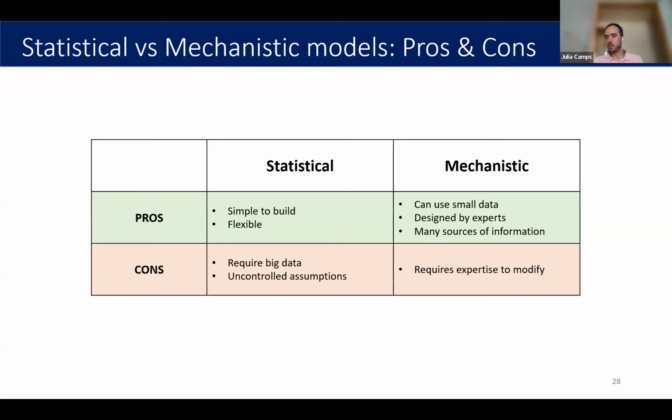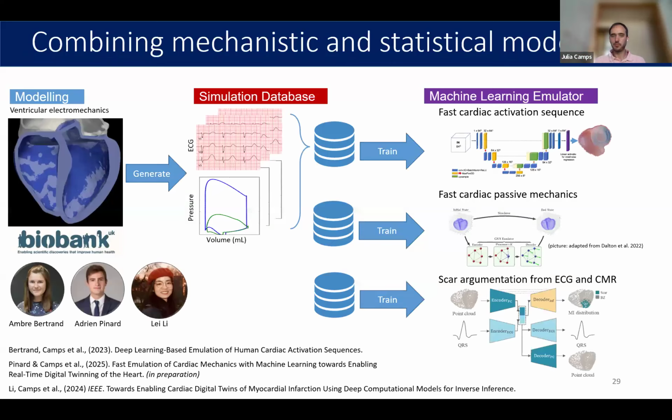We can incorporate this knowledge directly without having to collect data for it. The knowledge does come from data, but it's a more natural way to incorporate it into mechanistic models. However, mechanistic models are usually quite stiff, because they have gone through many iterations and they're very problem specific, so they can require expertise to modify them.